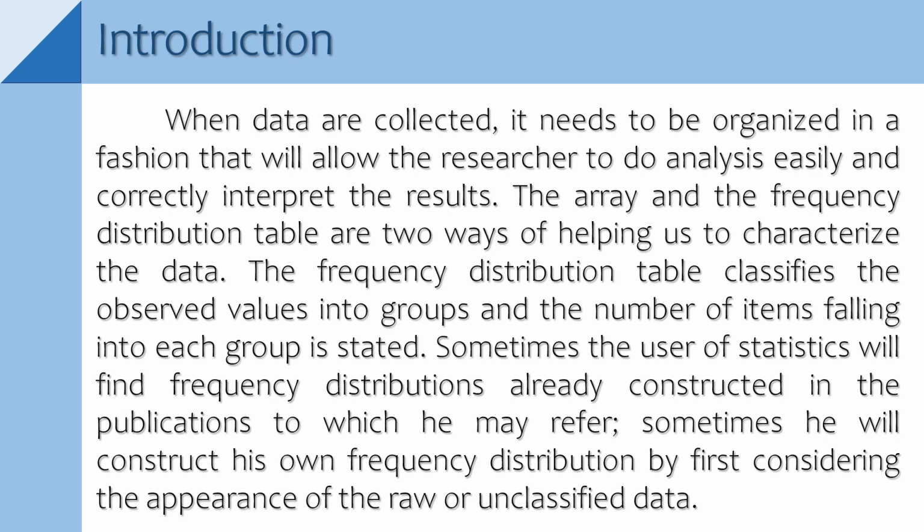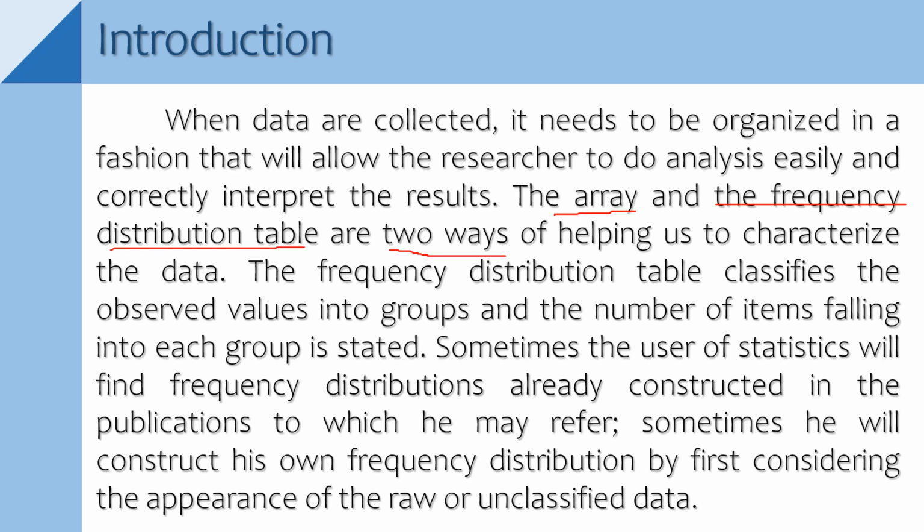Sometimes he will construct his own frequency distribution by first considering the appearance of the raw or unclassified data. So in this lesson, you are about to first know the two ways of how to construct the data: the array and then the frequency distribution tables.